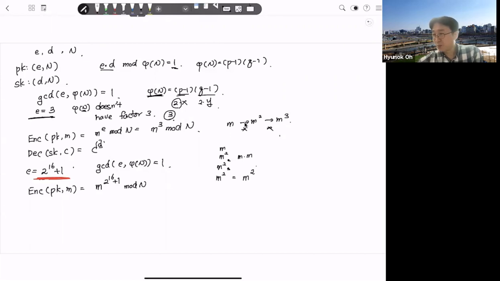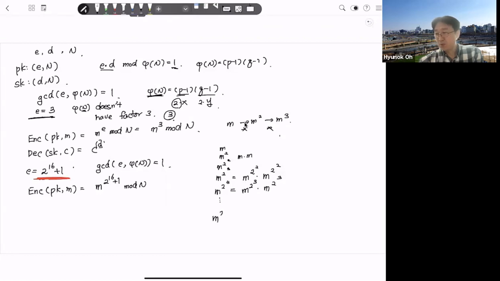M to the 2 times 2 is m squared, m to the 2 times 2 times 2 is m to the 4, and so on.